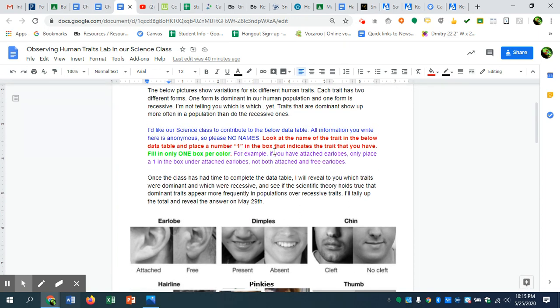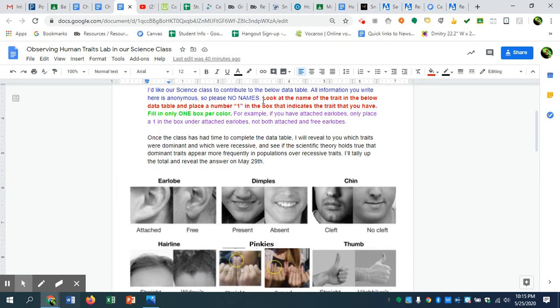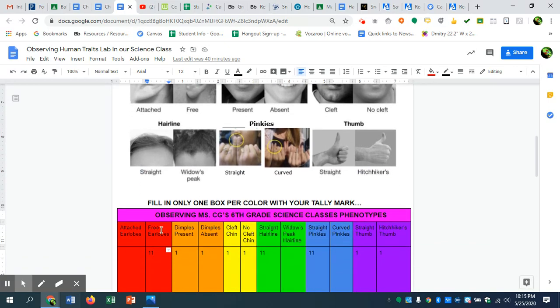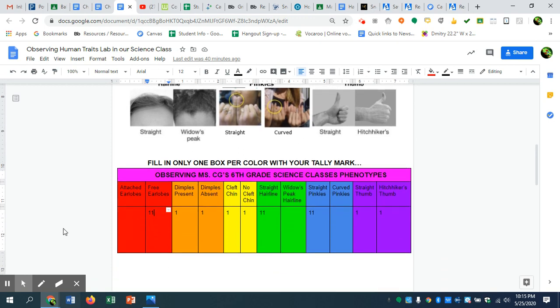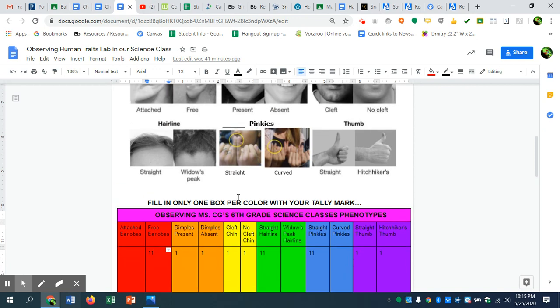If you have the trait, I want you to put a 1 in the box. That's kind of like a hash mark for that trait. You're only going to fill in one box per color. So there's two red boxes, and you're only putting your 1 in one of these two red boxes. You're only putting your 1 in one of these two orange boxes, and so on and so forth.